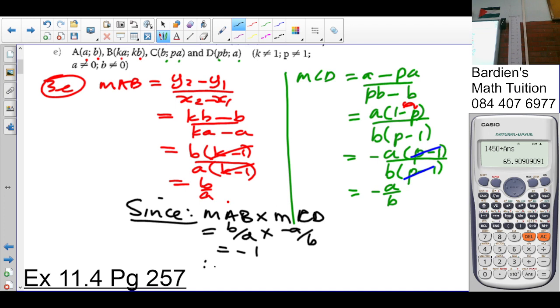So therefore, AB is perpendicular to CD. Now if these gradients were equal, then the lines would have been parallel. Can you see that, people? This must cancel, no? Those of you checking, hey, this is -1. Okay? Do you guys understand? Right.